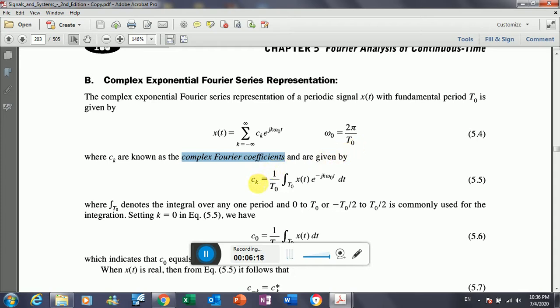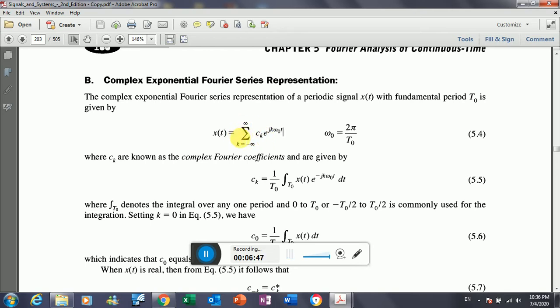So this C of k, there are two observations from this formula. From this formula, there are a couple of observations that can be made. One observation is that x of t is a periodic signal and x of t is continuous time, right?